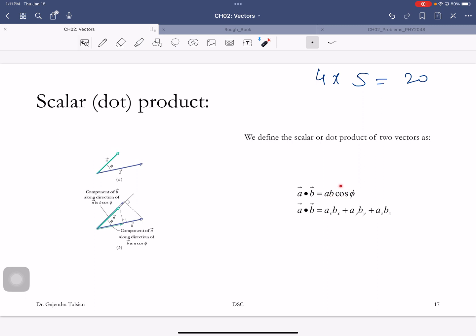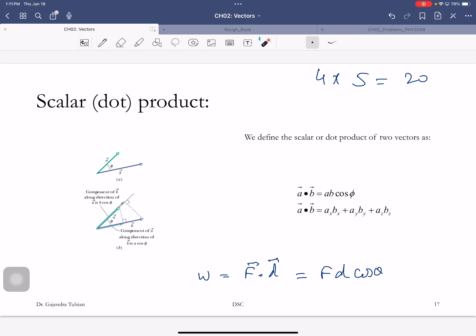So you started off with 2 vectors, and the scalar product is a number. In physics, the work done by a force is a dot product, the force dotted with the displacement vector, so it'll be F d cosine theta. That's one of the places you'll use it.